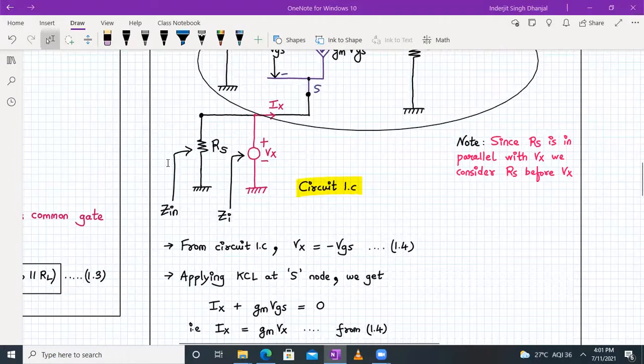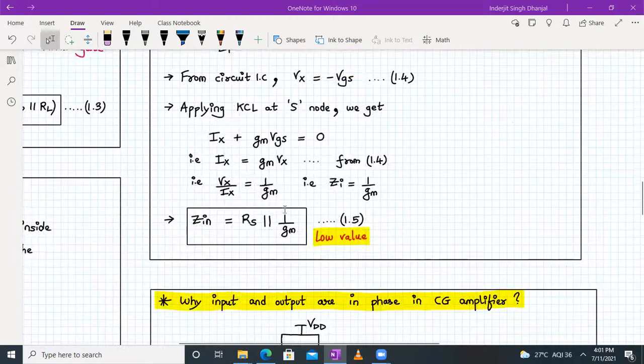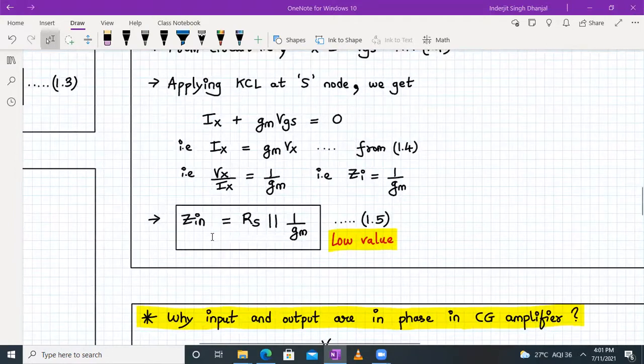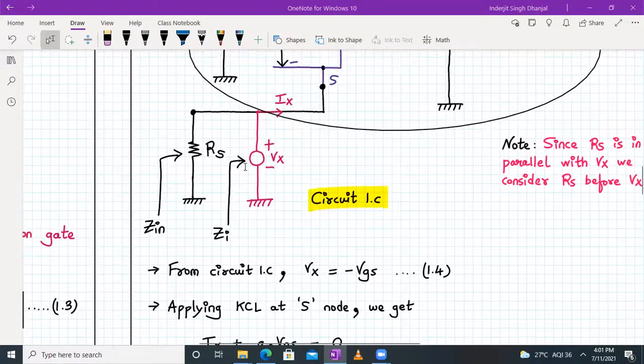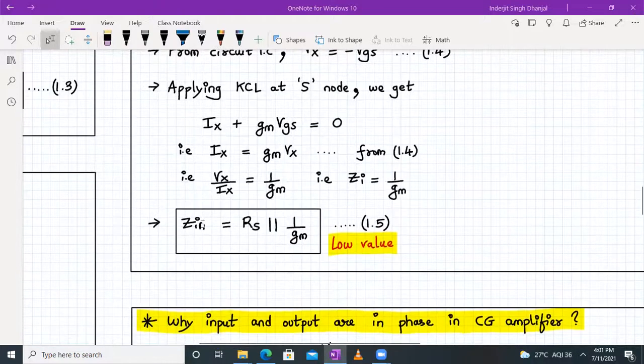But we have to calculate Zin. So what will be Zin? Rs plus Zi. So that means it will be Rs parallel to 1 upon gm. So Zin, the input impedance of your common gate amplifier, will be Rs parallel to 1 upon gm, given by equation number 1.5.